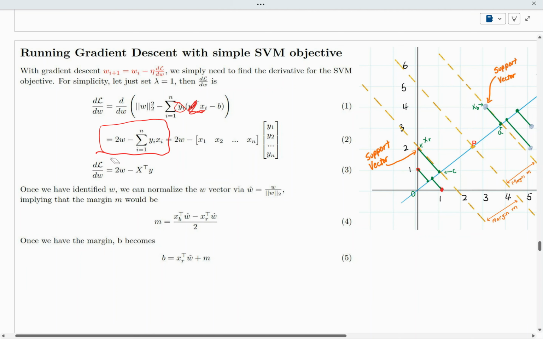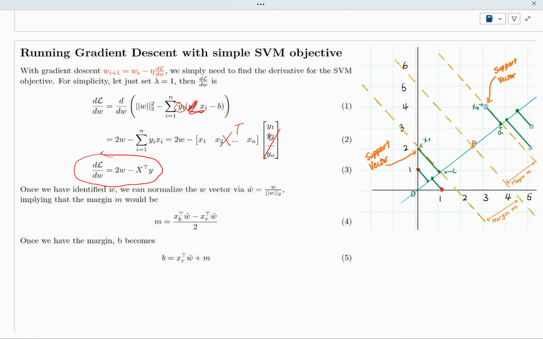Now, this is a number multiplied by a vector. Therefore, we can split it into a dot product: x1 times y1, x2 times y2, and the dot product will perform the summation. This implies that this is just x transpose and this is the y. So the derivative turns out to be really easy to find.